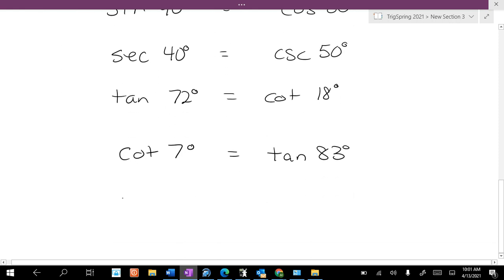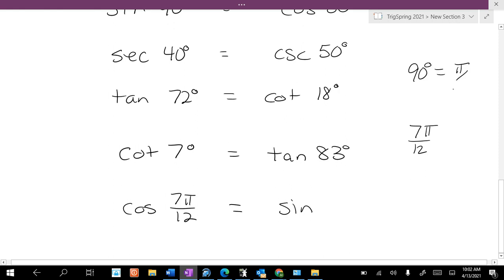Now, let's say we have the cosine of 7 pi over 12. What would be its equivalent cofunction? It would be the sine of what? Okay, now 7 pi over 12. 90 degrees is equal to pi over what? 2.